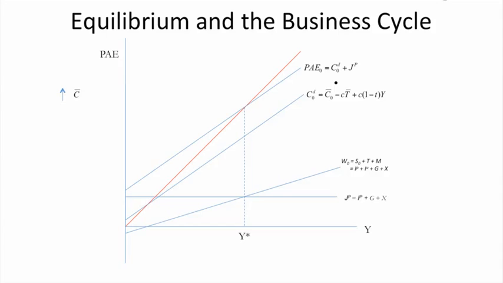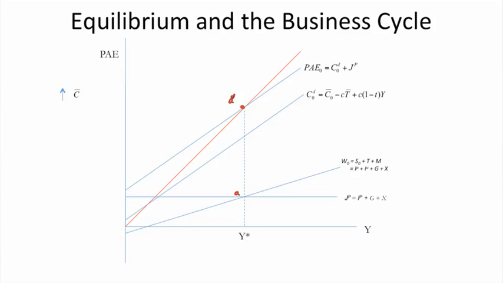What impact will this have on the economy? Again, I want to start with a situation where the economy is at its potential GDP. So our initial equilibrium can be illustrated either by point A, equality between withdrawals and planned injections, or point A prime, where the planned aggregate expenditure line cuts the 45-degree line.